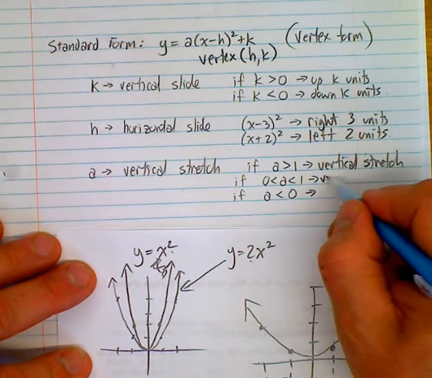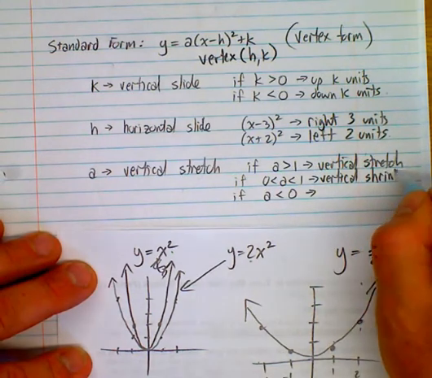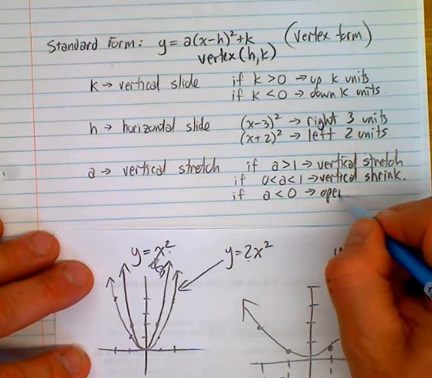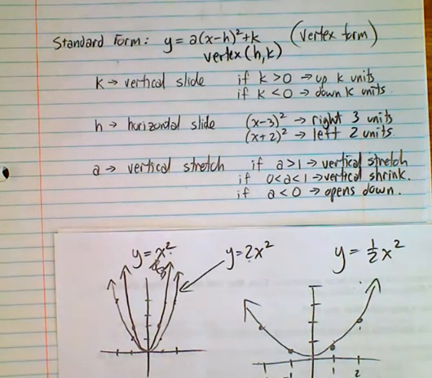And if it's less than 1, it's a vertical shrink if you want. And the other thing that the a can do is that it can be negative, and that means that it opens down, okay?